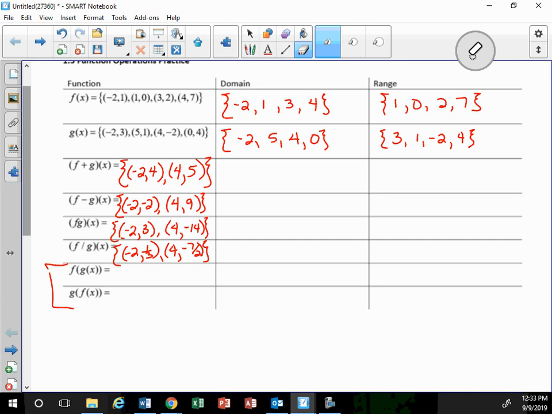No. So I just don't get to use this one. 1 gives me 0. 0 gives me, okay, so I've got the point 1, 4. Okay, all right, 3 gives me 2. Is there a 2? Oh, so that's nothing. 4 gives me 7. Nothing. So you only have the 1 point for that one. Does that make sense? Okay.